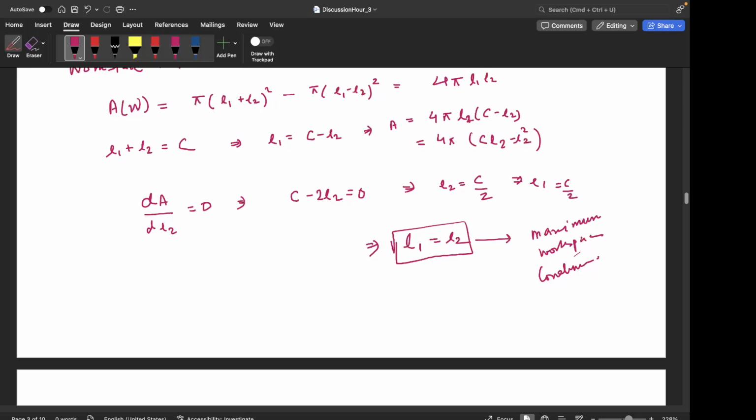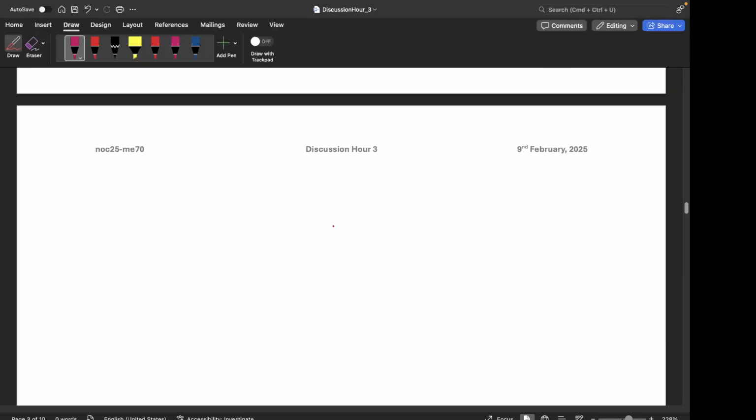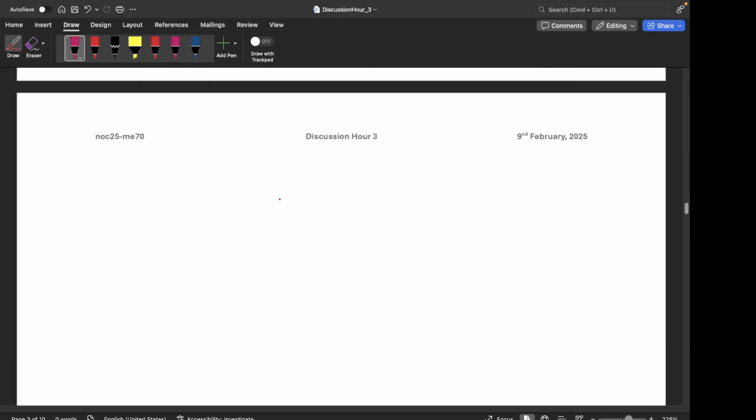Okay, now the analysis of a 3R manipulator workspace.